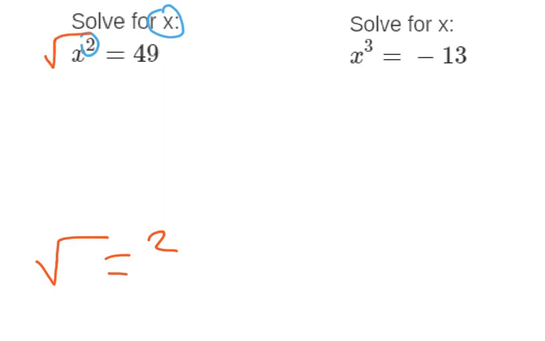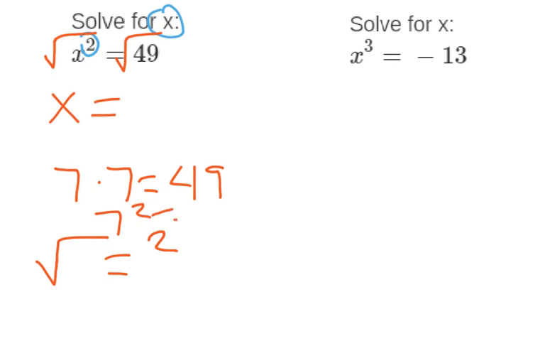So the square root of x squared is just x because, again, it's the opposite, so it's removing the square from it. But as we know, if we do something to one side, we also have to do it to the other. So I'm going to find the square root of 49. Well, I know that 7 times 7 gives me 49. So 7 squared is equal to 49, meaning the square root of 49 is 7.